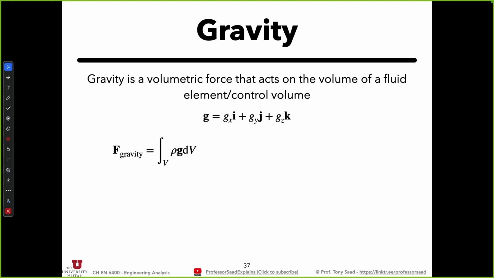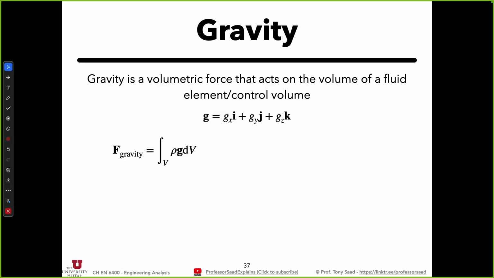Then the gravitational force on the fluid element or the control volume, it doesn't matter. But since we are in Eulerian form, we're applying this to the control volume, it is the integral of rho g dV. Now, why do I need the rho? Remember, this is going to be a force, so the result has to be in newtons.